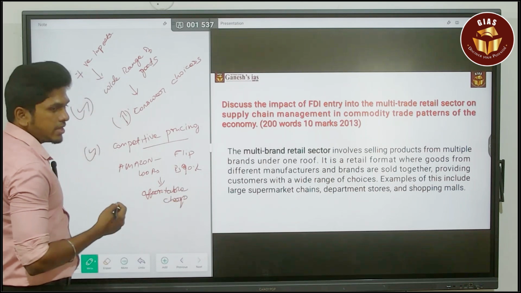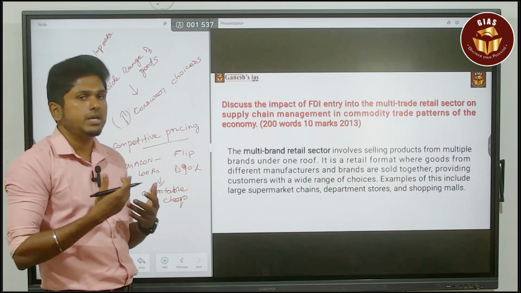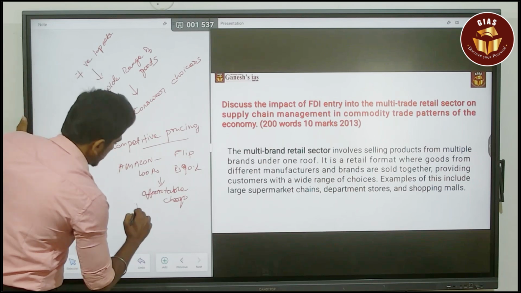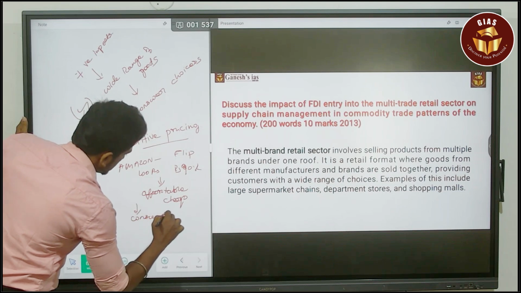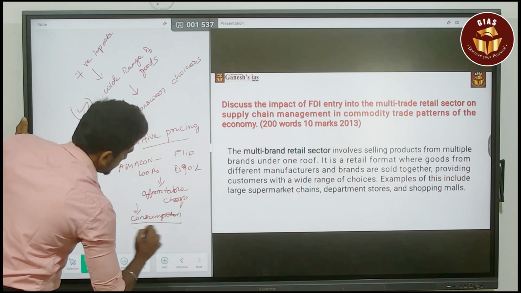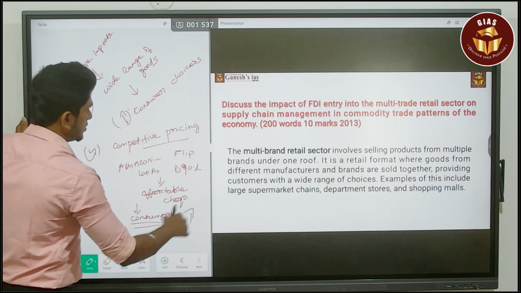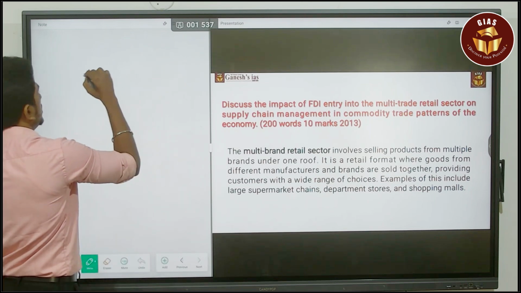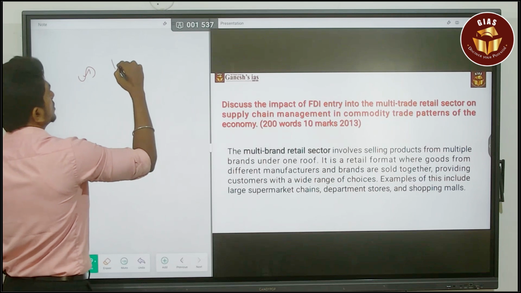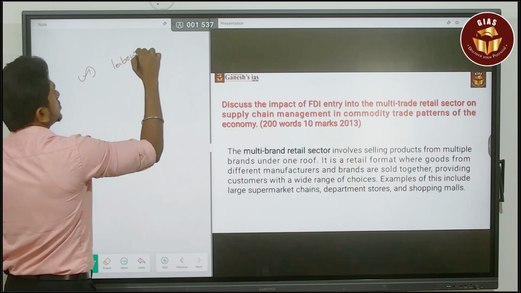When it comes to India, India's economy is running on consumption. So India's economy is a consumption-based economy, and consumption will be increasing. That is the next major benefit. The next major benefit is about retail jobs.